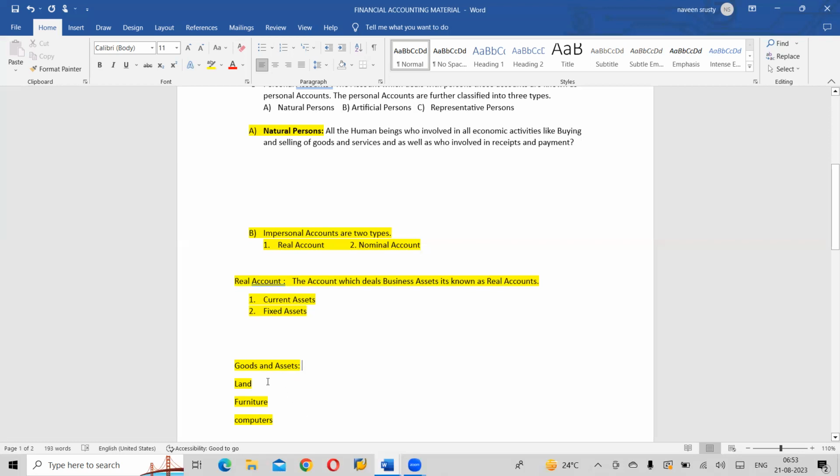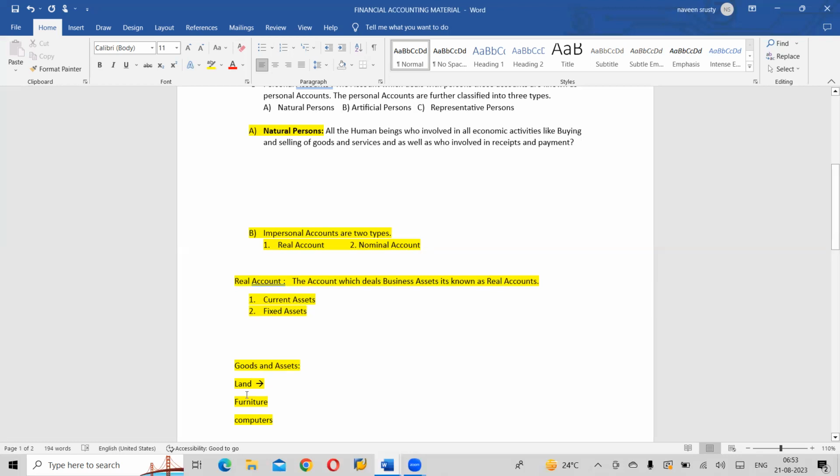For example, if I say land, okay, our business is dealing in furniture and we purchased 1 acre of land, right? What is my regular business? Furniture. But is it my trading part of what I'll do? I'll purchase furniture and I'll sell furniture.